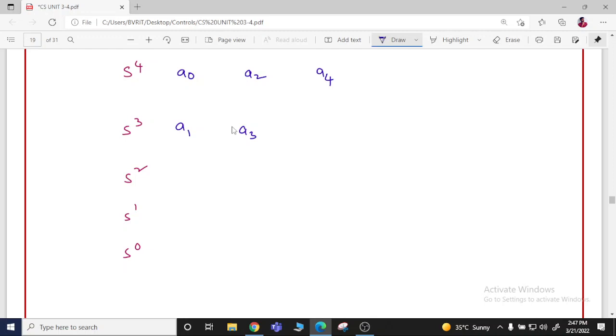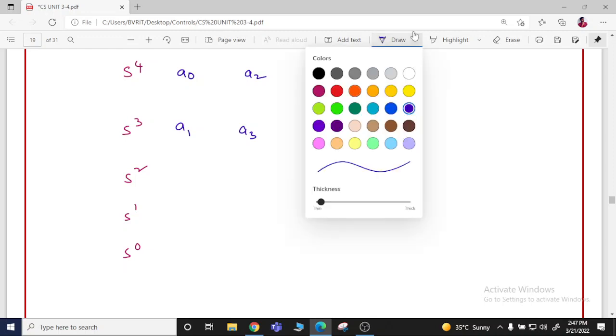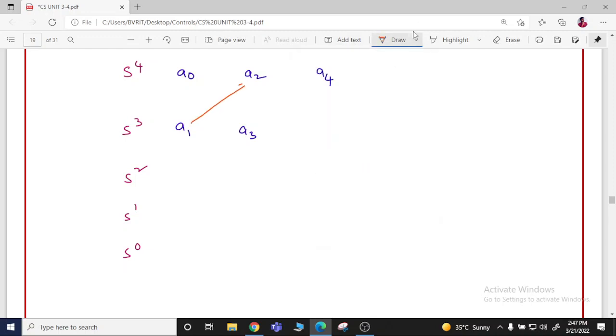Now coming to this coefficient, we have to calculate a1 into a2 minus a0 into a3, divided by a1. This is the first coefficient.